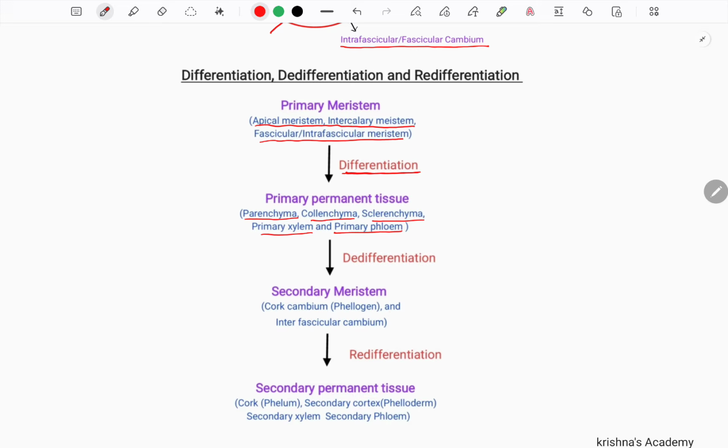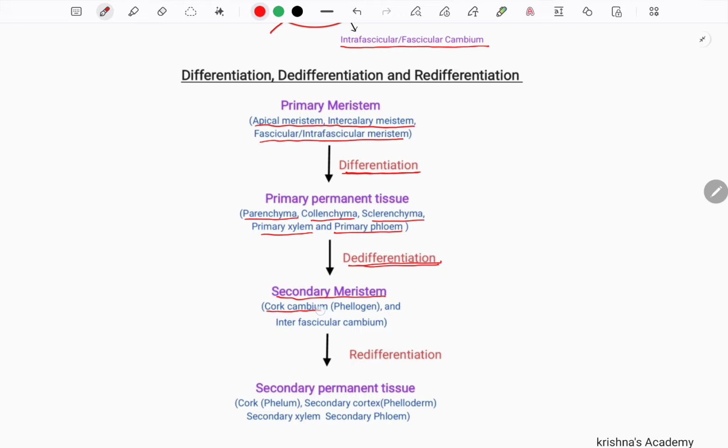But as you know, the secondary meristem is formed by de-differentiation. Which type of de-differentiation? The living cells of the primary permanent tissue de-differentiate, meaning the differentiation becomes reversed. They become meristematic again and form the secondary meristem.